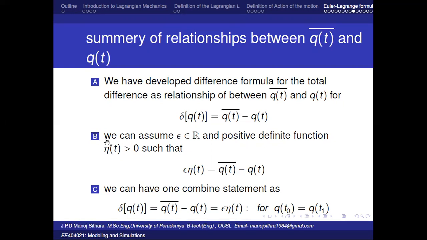Also, we can assume that for some real value of epsilon, real value meaning it can be negative or positive, with some positive definite function, which is unknown but whose boundary values we know as well, we introduce this difference as the multiplication of both epsilon and eta. So we can well treat these differences.